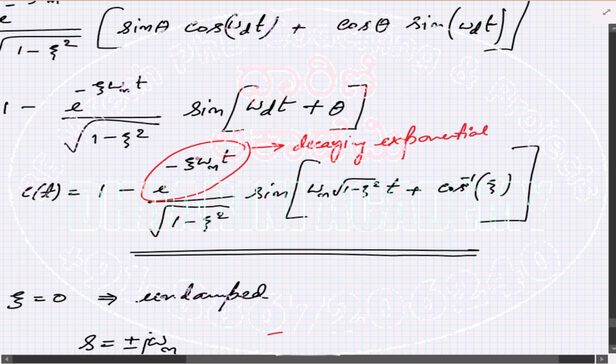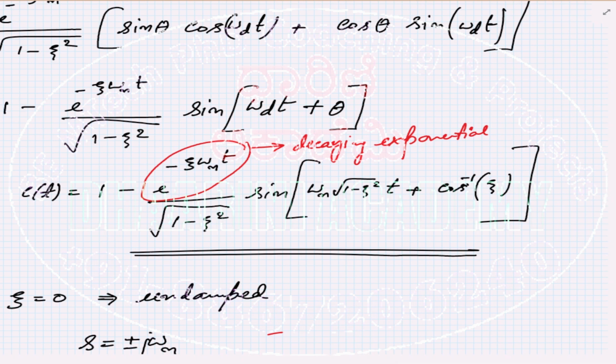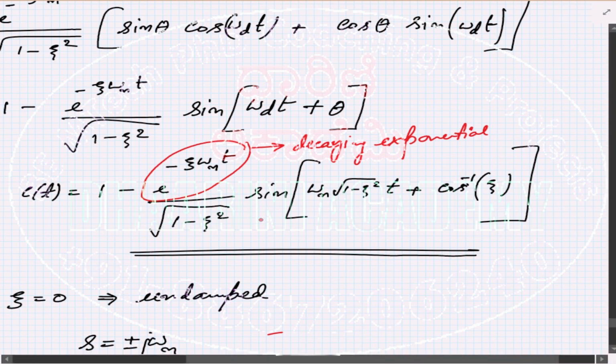Because we know that zeta is always positive, between 0 and 1, and omega n is a positive quantity, right? We already know that we cannot consider the negative frequencies for obvious reasons, and time is definitely a positive quantity. Because of that, the minus zeta omega n t is always going to make e to the power that term a decaying exponential. So plus I have to draw one more function, that is a sinusoid.